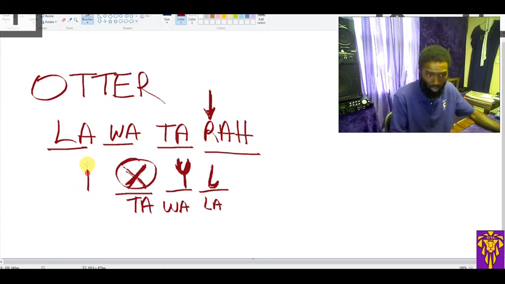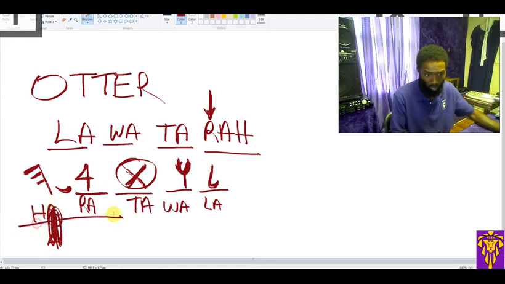The R, which is ra or ra. If you can't roll it, just say ra. And what you have to do, have to bridge the ha, because this is ha. Bridge these two together. Once you bridge these two together, you'll drop that A from ha. You'll drop that. And that makes ra. So, la wa ta ra, which is otter.